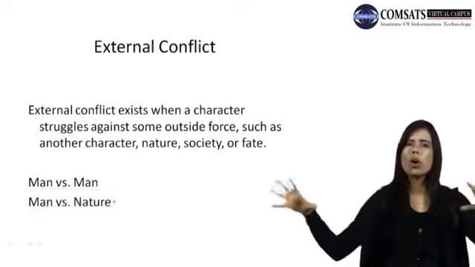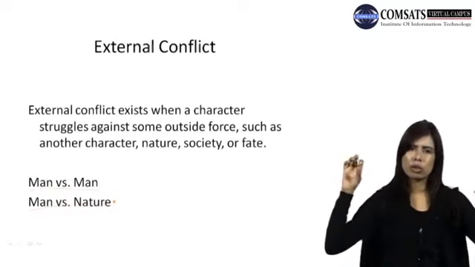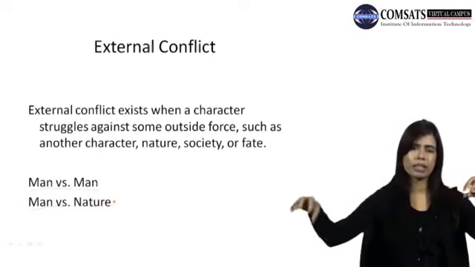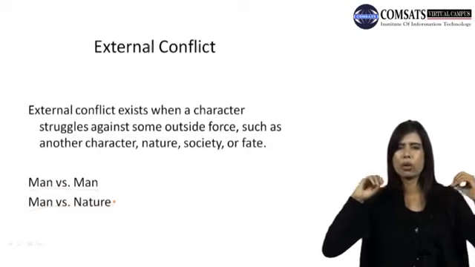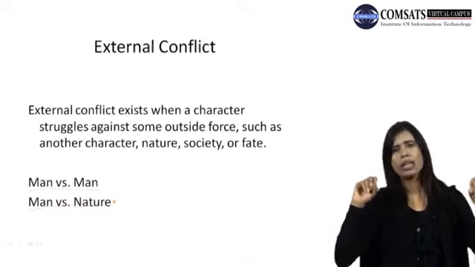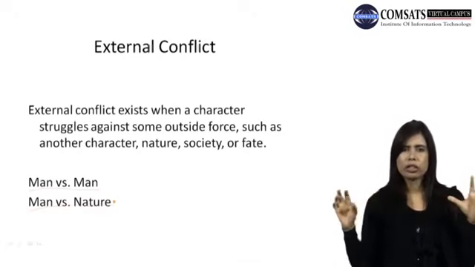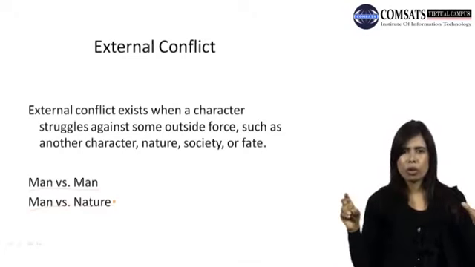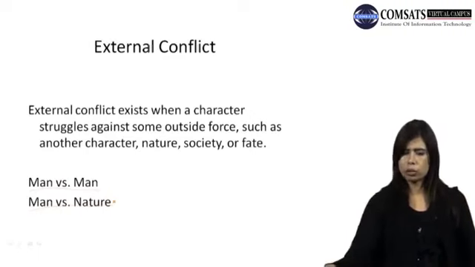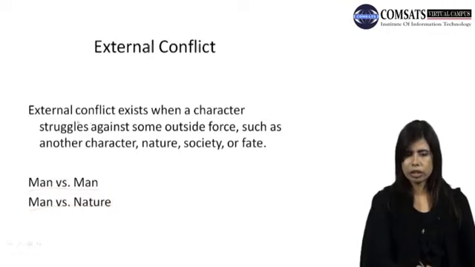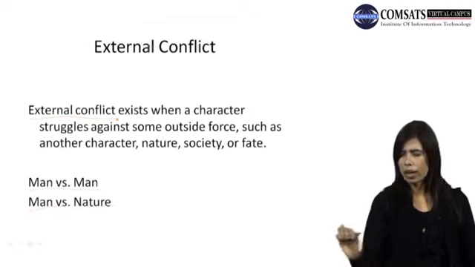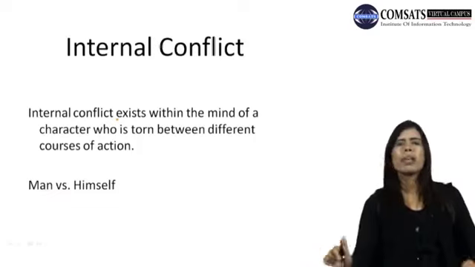So maybe the hero is trying to do something against the other characters, or like that can be the outside force, like other characters in the novel, or against nature, against society, or against fate. This is known as the external conflict.